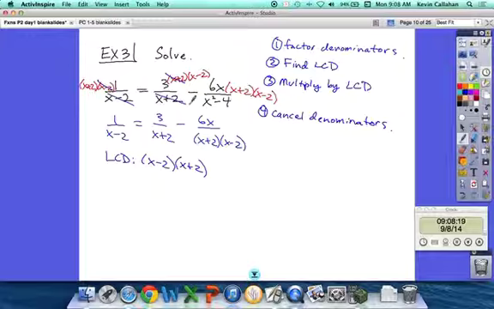In the last term, x squared minus 4 is x plus 2 times x minus 2, so that cancels with both of those. So what's left? In the first term, x plus 2, equals 3 times x minus 2 minus 6x.